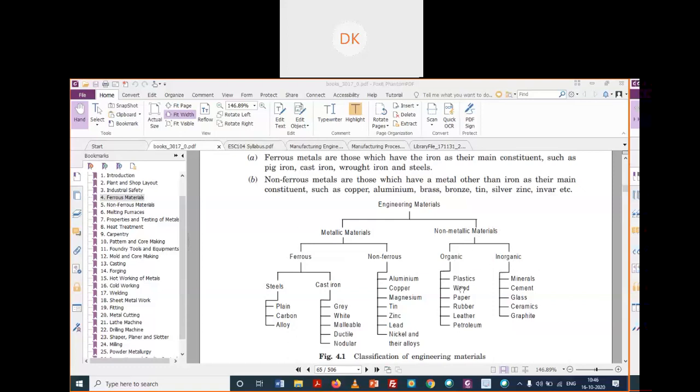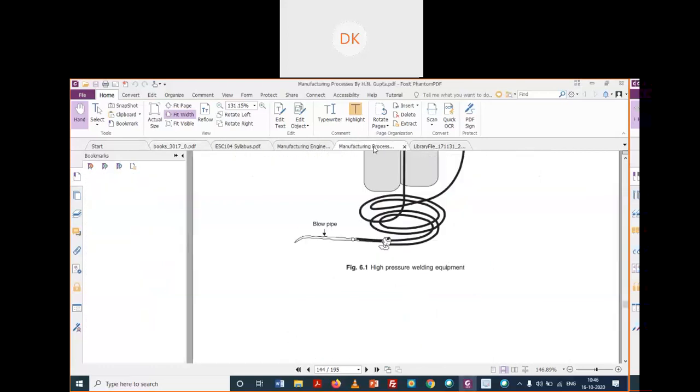In organic, we have plastics, wood, paper, rubber, leather, petroleum, and inorganic minerals, cement, glass, ceramics, graphite. So these are the classification of materials used in day-to-day engineering life. Okay, so next I will go for the welding process.